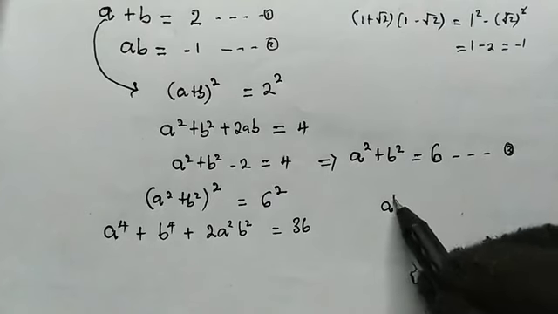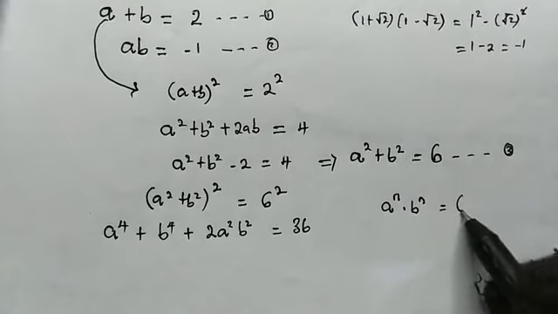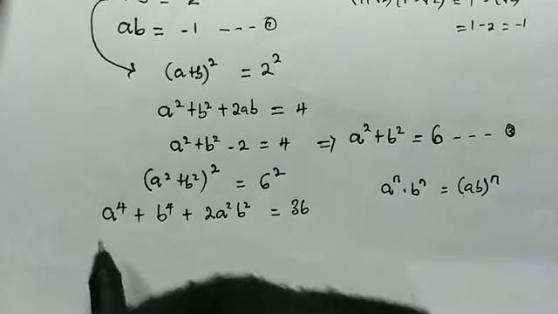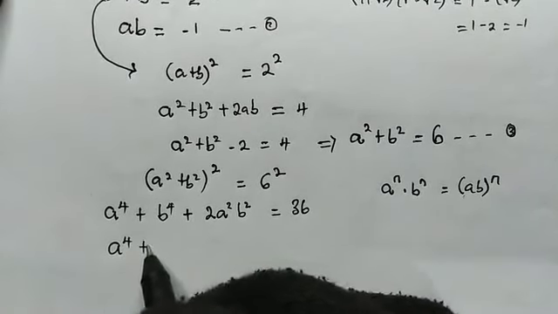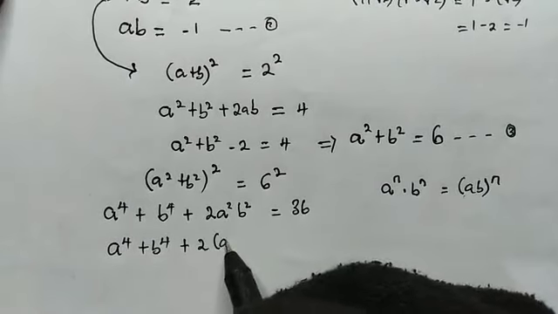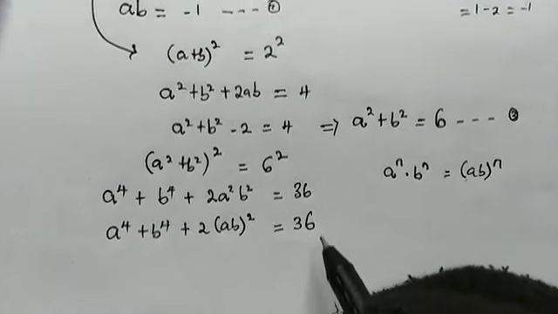Now A^n multiplied by B^n is the same as (AB)^n. So here we have A^4 + B^4 + 2(AB)², which will be equal to 36.